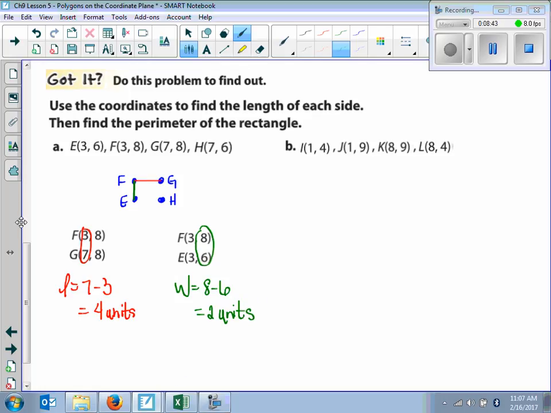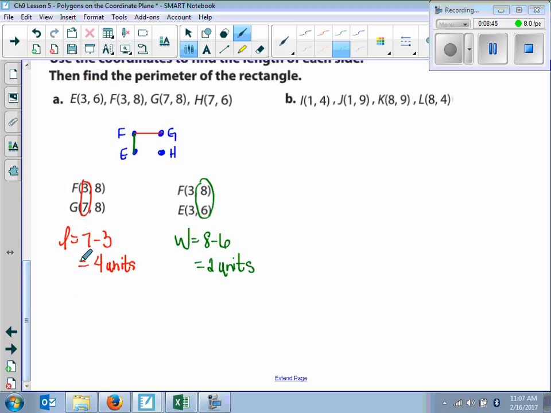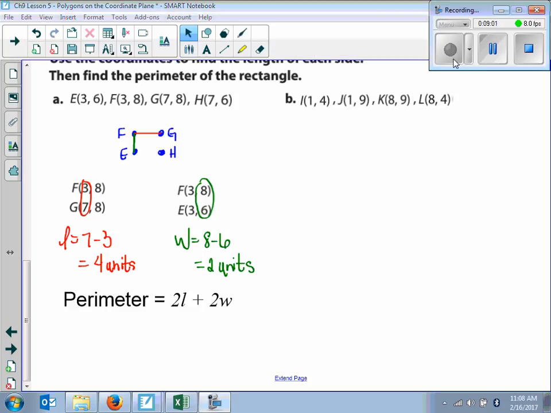Is everybody with me? All right. So now, to find the perimeter, we're going to add up all of the sides. So this up here is 4, down here is 4, this is 2, this is 2. The formula for the perimeter is 2 times the length plus 2 times the width.